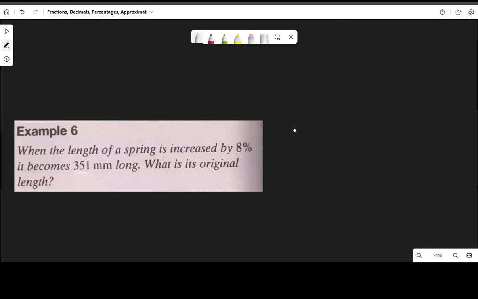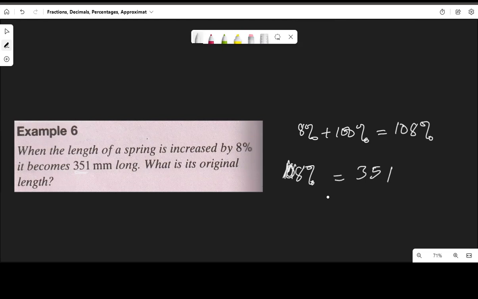That means 8% plus 100%, 100% being the original length, is 108%. So 108% of the original length is 351. So if 108% gives us 351, then what will be 1% of the original length?